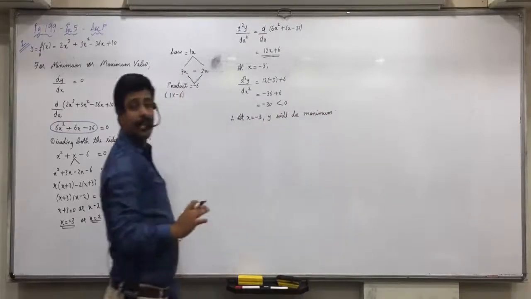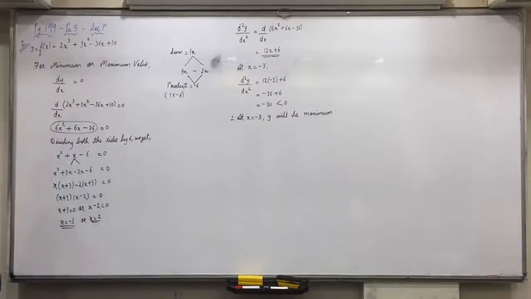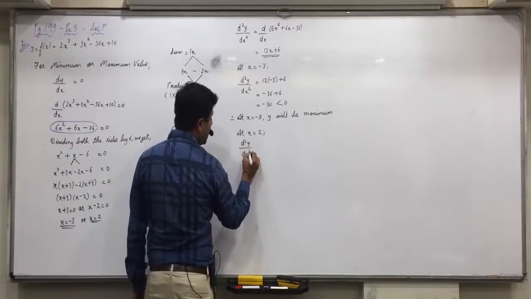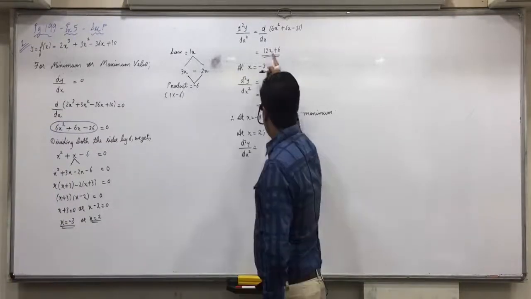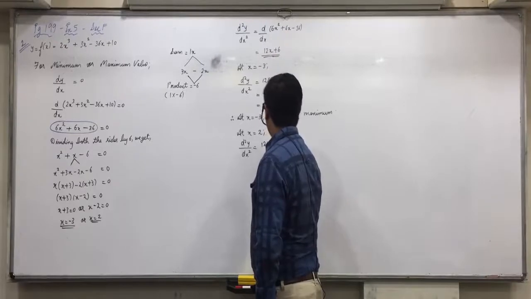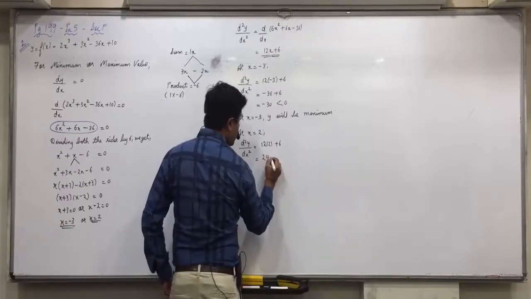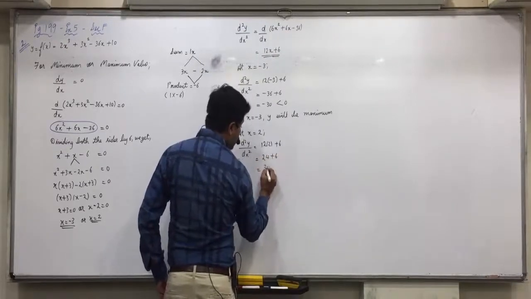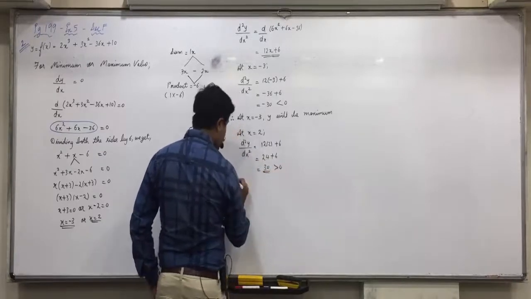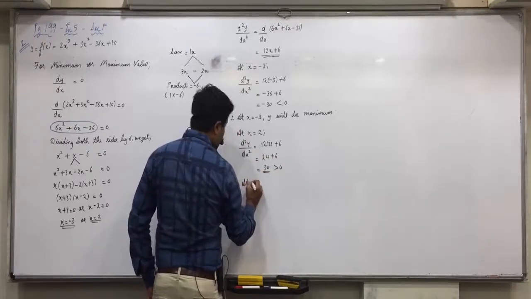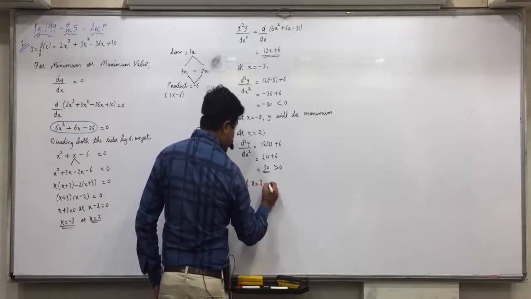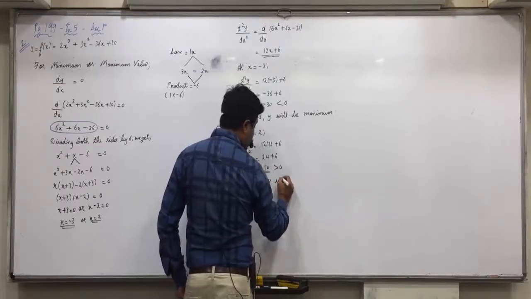Did everyone understand this? Then Renuka, now we'll put the other value of x, which is 2. Now in x you'll put 2, so 12 into 2 plus 6, 24 plus 6, that is 30. Greater than 0, so minimum. At x equals 2, y will be minimum.